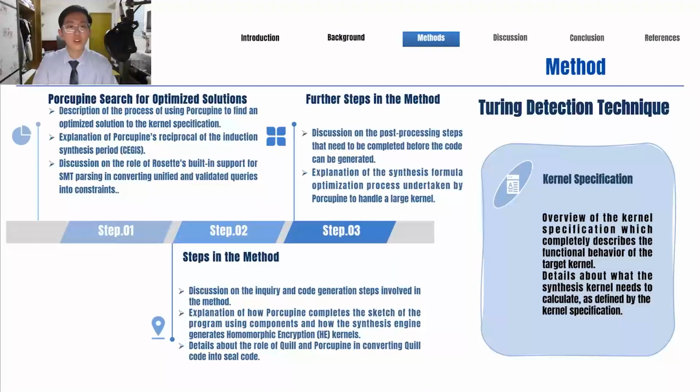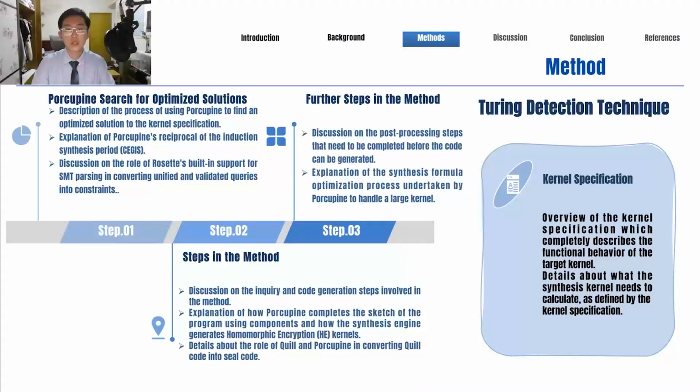Discussion on the role of Rosette's built-in support for SMT phrasing in converting unified and validated queries into constraints. The next step in the method is a discussion on the inquiry and code generation steps involved in the method.